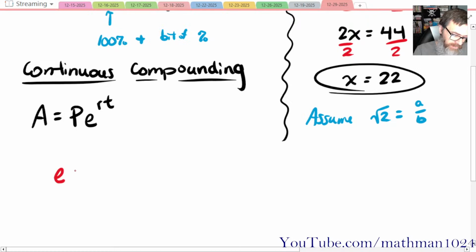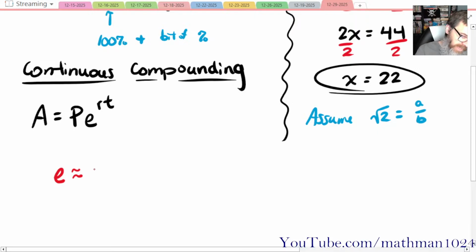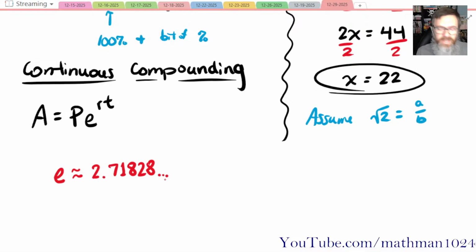So e is an irrational number, just like the square root of 2 is irrational, and pi, super irrational, super useful. But e is about 2.71828, and just keeps on going. Right? There's no pattern to that. It doesn't repeat. It doesn't end.